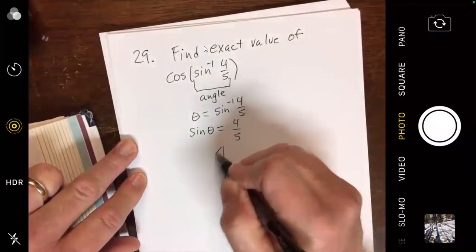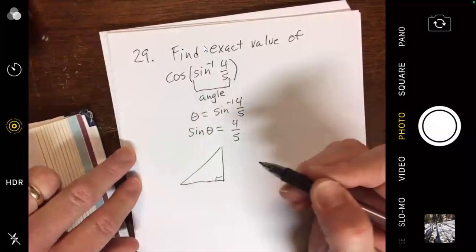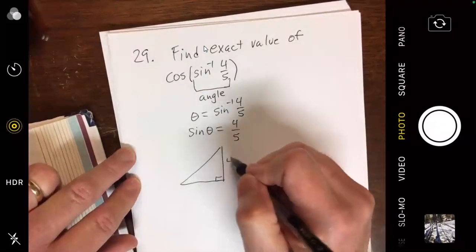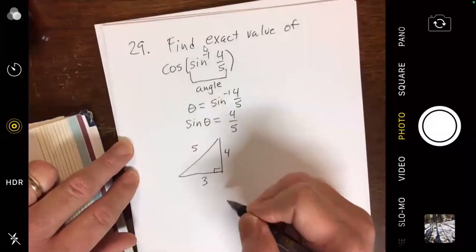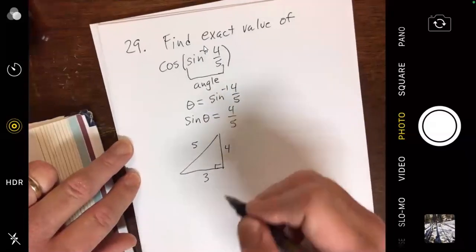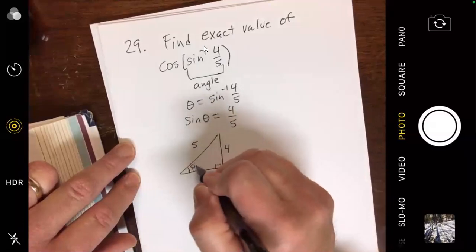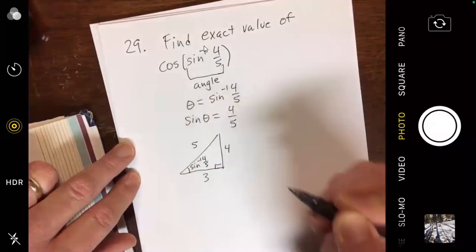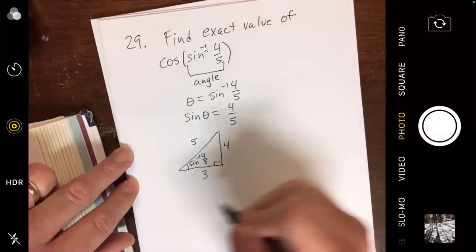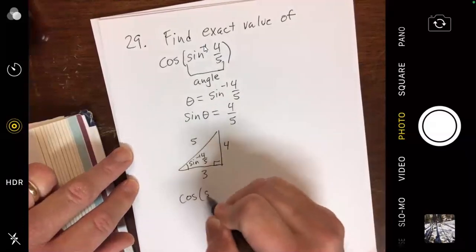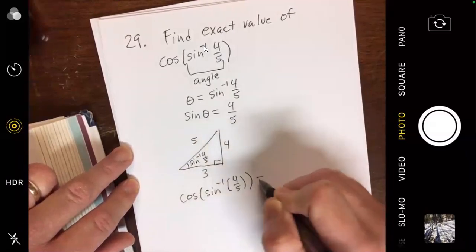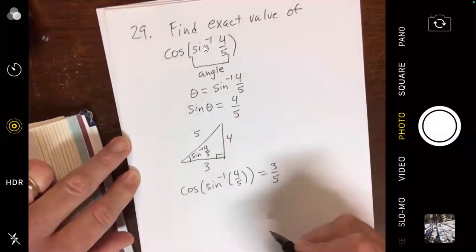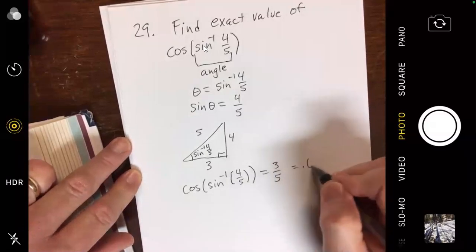Draw a triangle. 4, 5, opposite over hypotenuse. Can you tell this side is 3? This angle is arcsine of 4/5. The cosine of arcsine of 4/5 then, can you tell, is 3/5. That'll be 0.6.